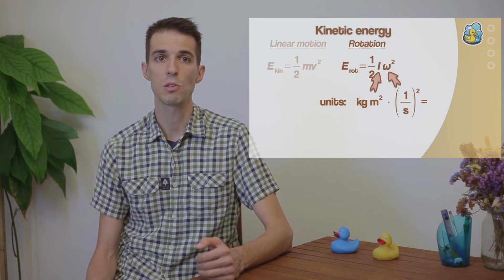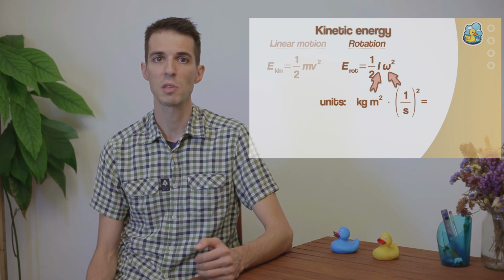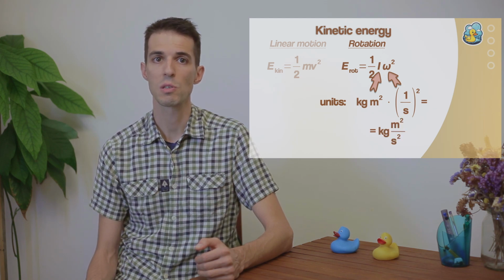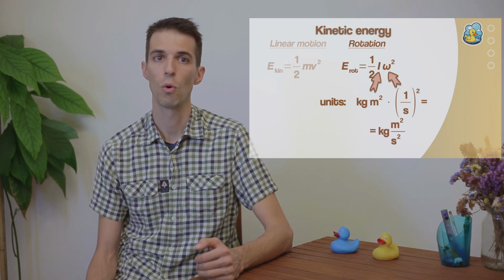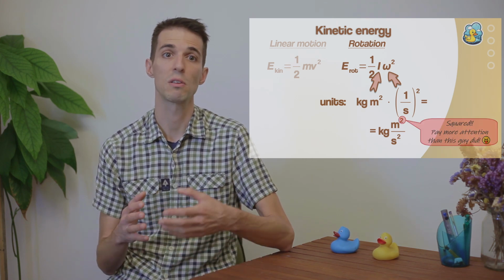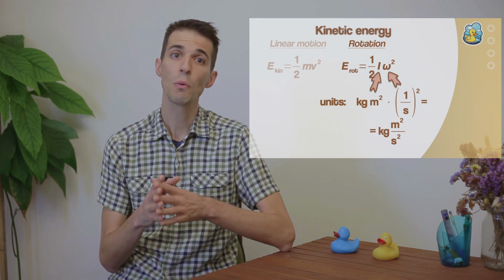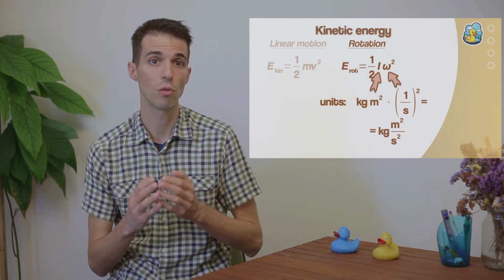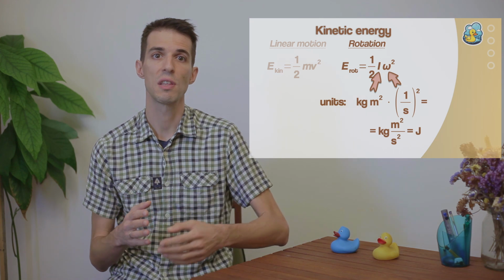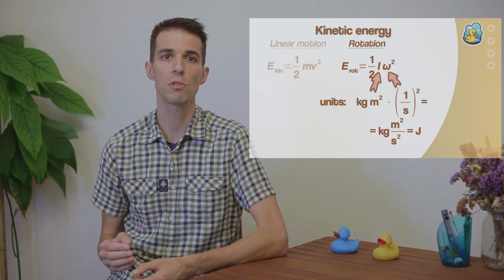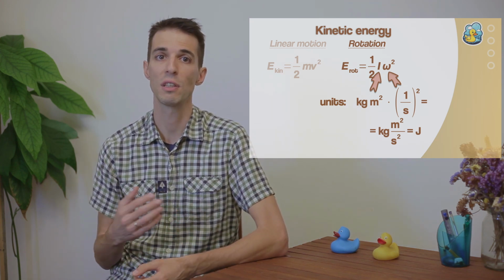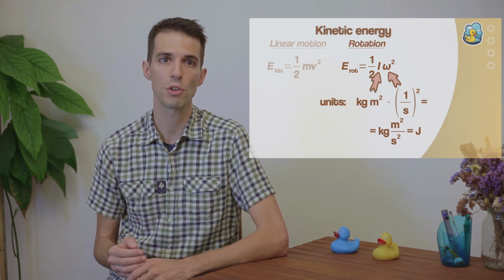When we multiply these together in the formula, 1/2 times I omega squared, we get kilogram meter squared times radians squared per second squared, or kilogram meter squared per second squared. We recognize this as the unit of joules, which tells us that rotational kinetic energy is measured in the same units as any other kinetic or other type of energy.